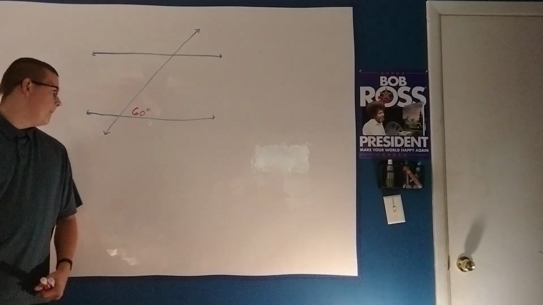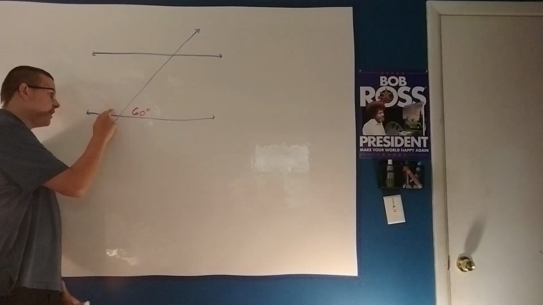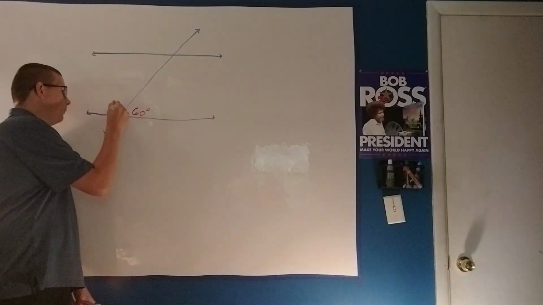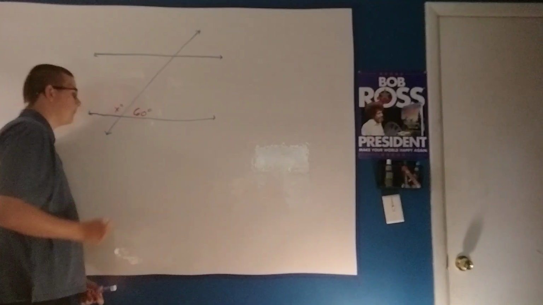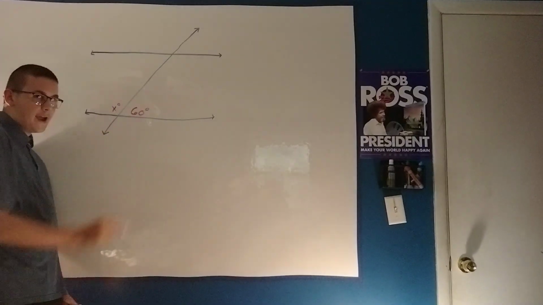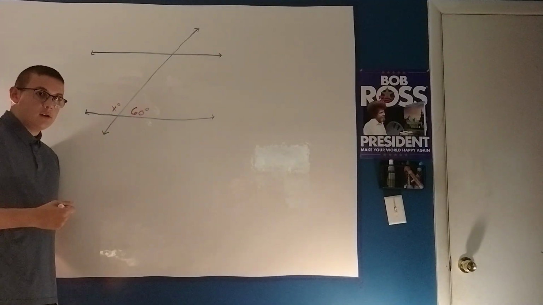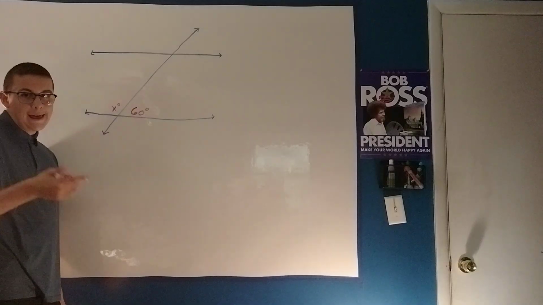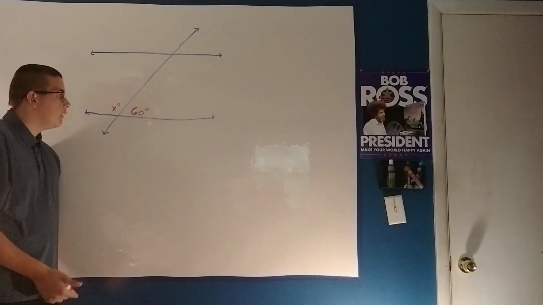All right, so well, we'll just call this angle x degrees. We know that 60 and x are going to be supplementary. So because I'm using degrees, they're going to add up to 180.